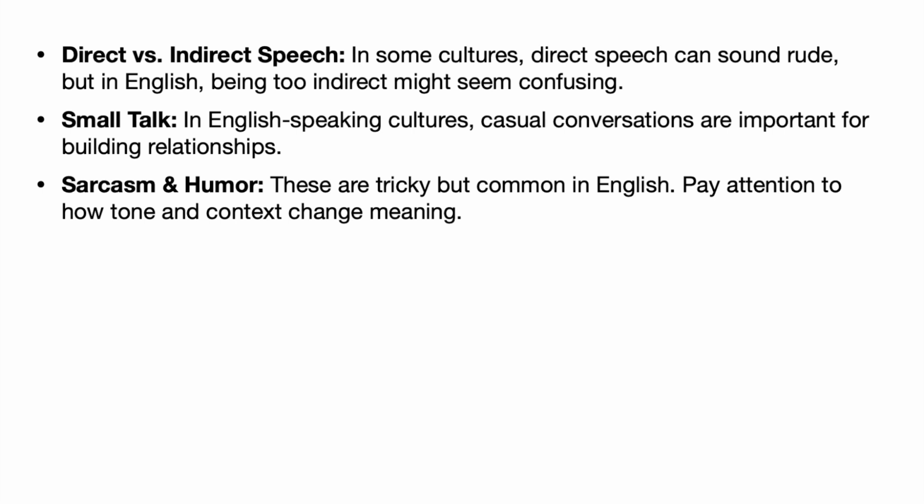Small talk. In English-speaking cultures, casual conversations are important for building relationships. Sarcasm and humor. These are really tricky, but they're common in English. Pay attention to how tone and context change meaning.